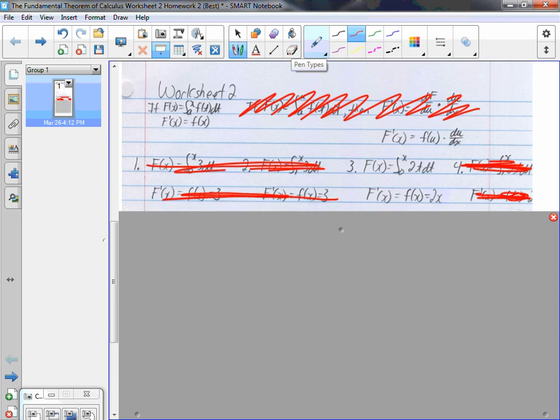Now, as I tend to do, I've over-explained that. It's real simple, isn't it? Whenever you have a function defined by an integral, and you have a constant for your lower limit of integration, and x for your upper limit of integration, the derivative of that type of definite integral, just replace the t with x.